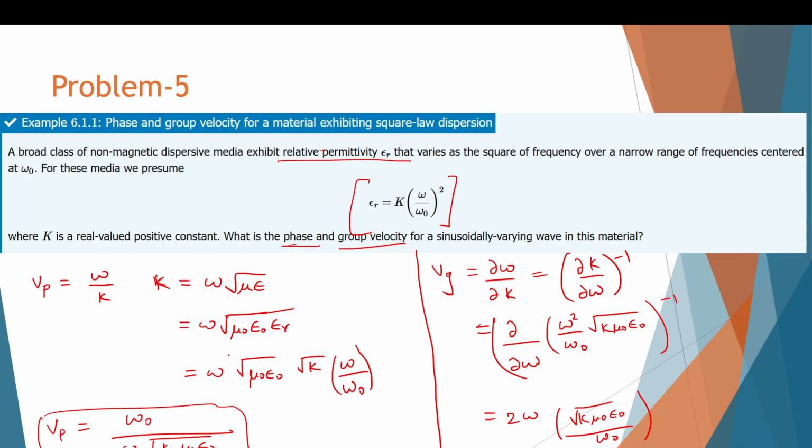So if I compare it with this and write it in terms of the wave vector k, this is the constant k, okay, this is this k. I now want to write it in terms of the wave vector k. That will be equal to just frequency omega over 2k.